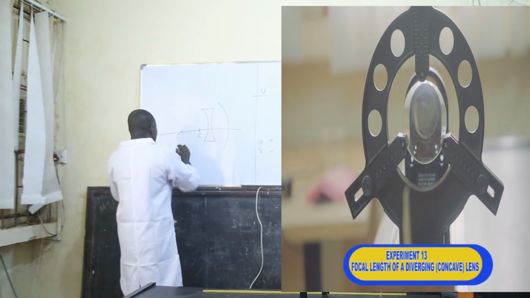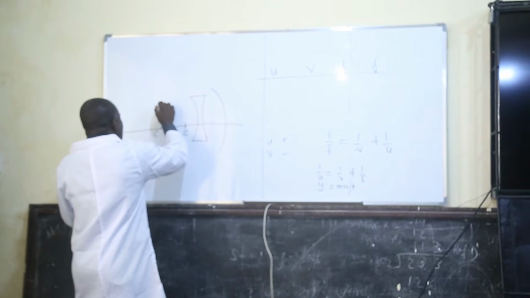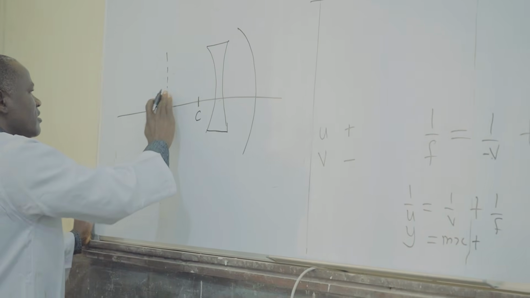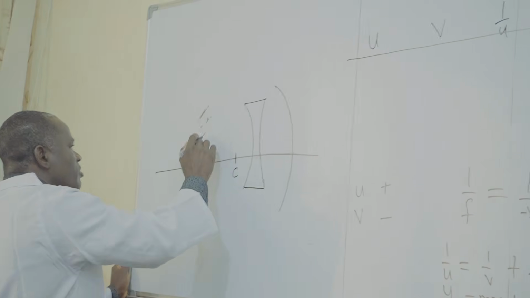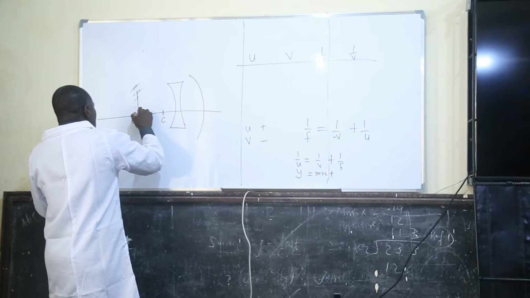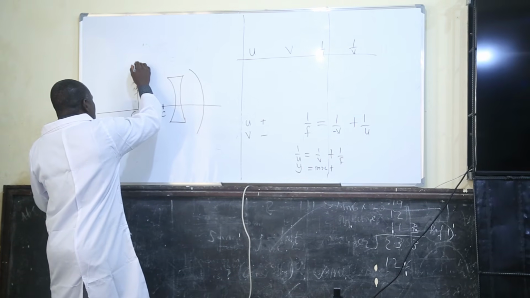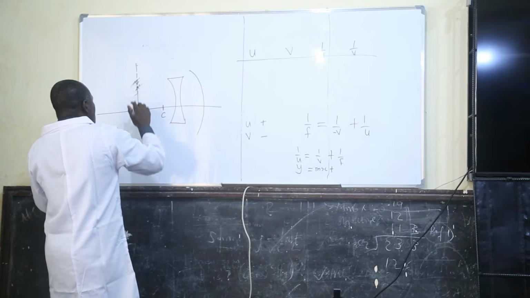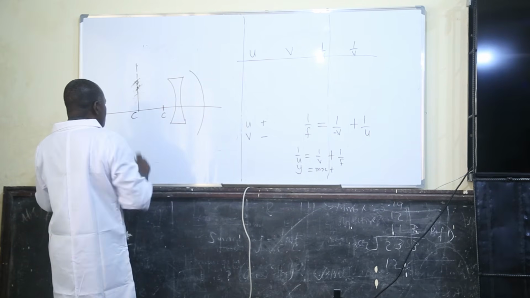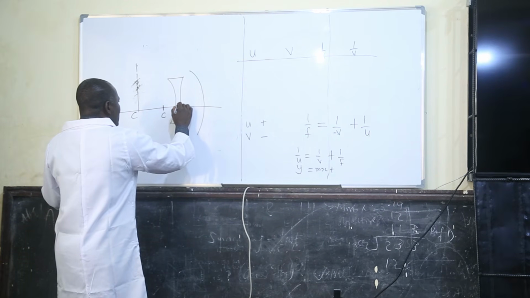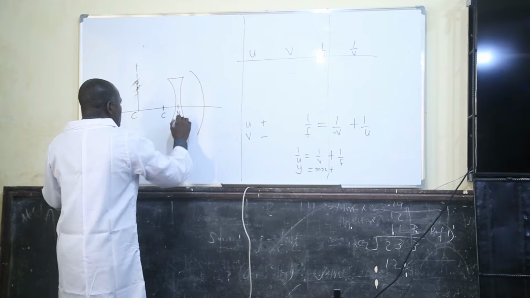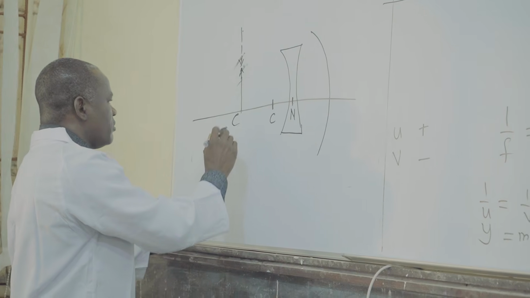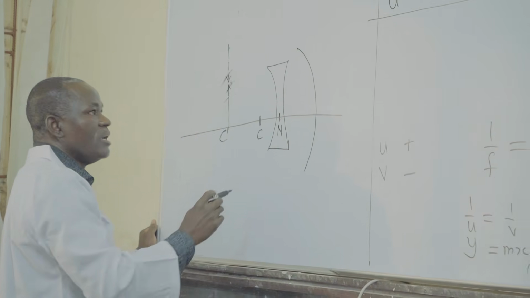That is the last position I've just recorded, in which I have the inverted image directly on top of the object. This is the image. So this is C, and the position of the lens is N. So I need to recall these 3 points. This is C prime.